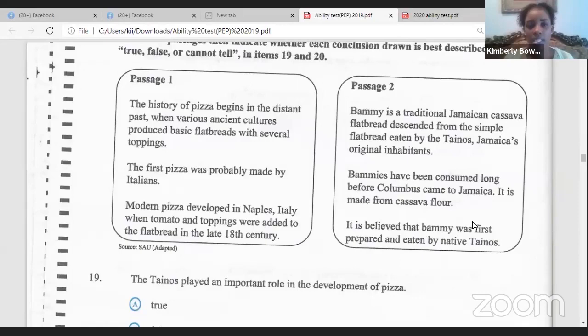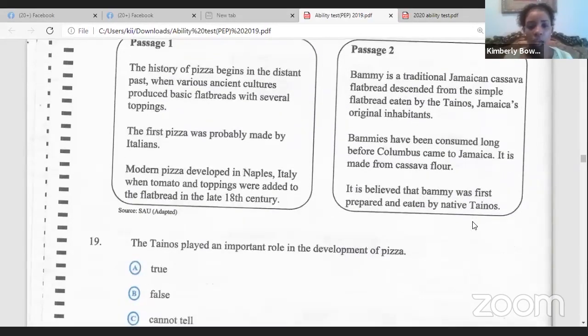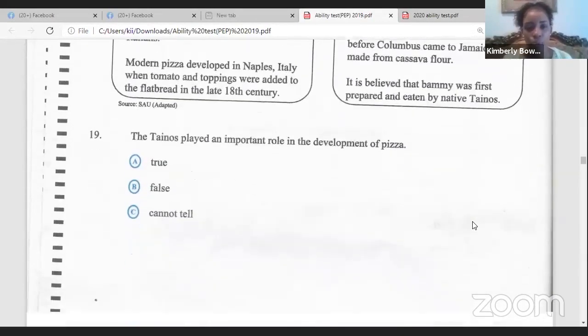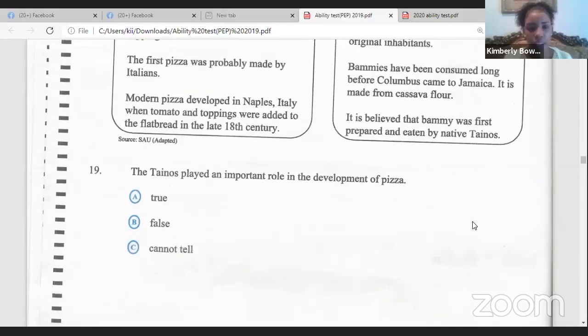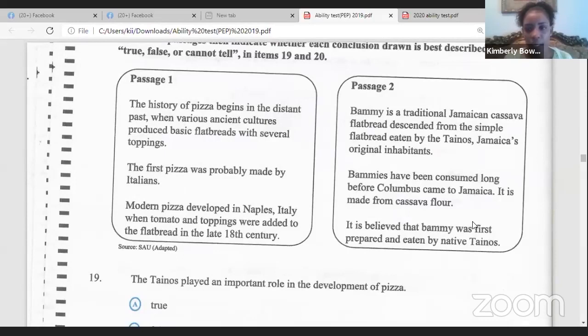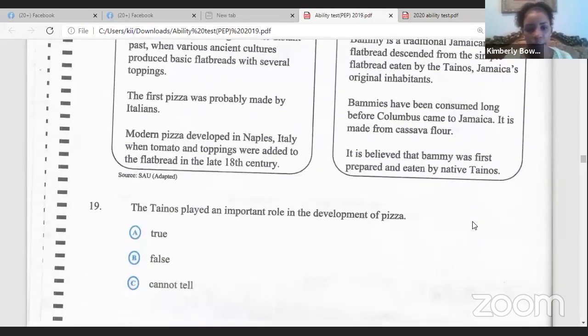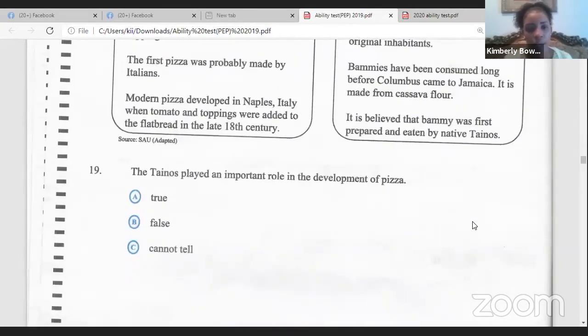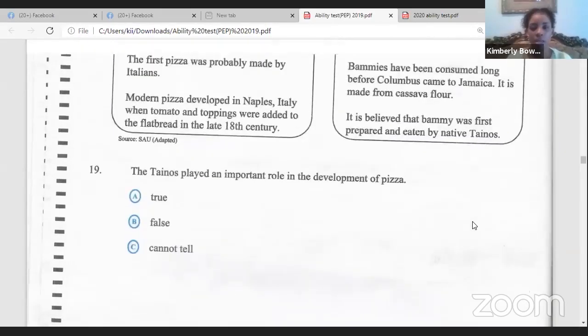So you're given passage 1 and passage 2, and from that you should be able to determine. So here it spoke about pizza, the origin of pizza and the origin of bammies, and from those passages, you should be able to make a summary and determine whether the Tainos played an important part in the development of pizza.